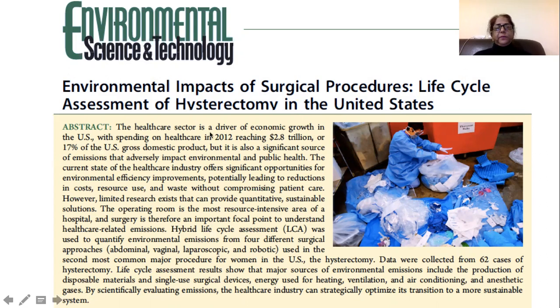This is a very interesting study. In the United States, the life cycle assessment of hysterectomy was assessed. Hysterectomy was chosen because it is one of the most common surgeries done worldwide. In this study, hybrid life cycle assessment was used to quantify environmental emissions from 4 different types of surgical approaches, that is abdominal, vaginal, laparoscopic, and robotic hysterectomies.